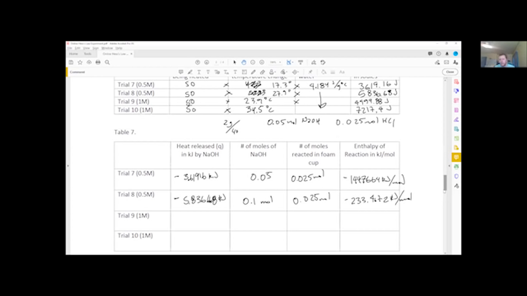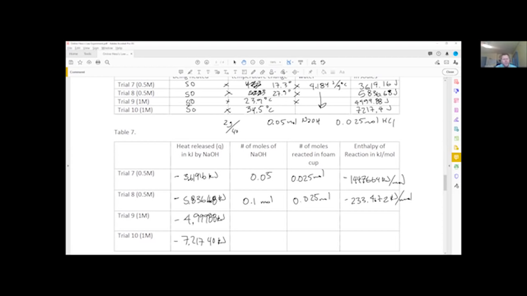This is the heat that's absorbed by the water, therefore the heat that's released by sodium hydroxide. So for trial number 9, that's going to be negative 4.99988 kilojoules. For trial 10, that's negative 7.21740 kilojoules.